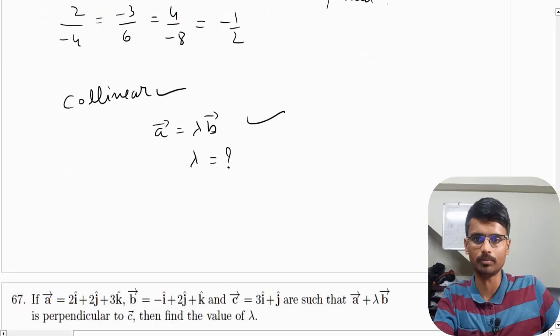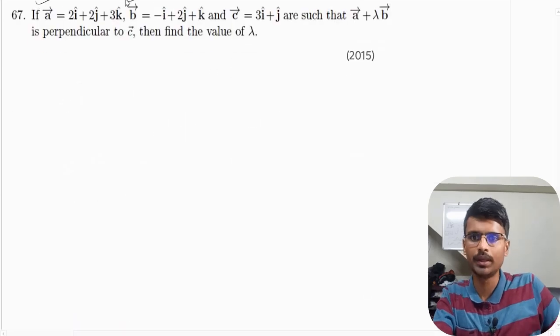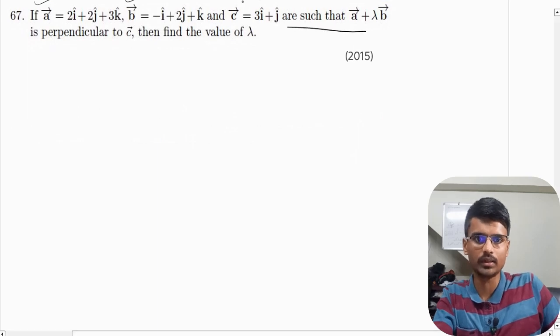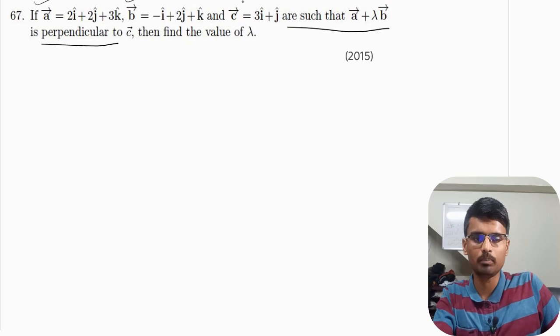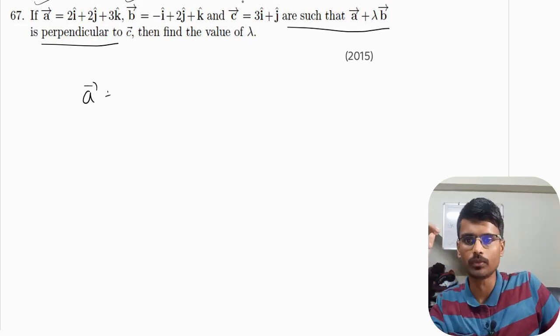Moving on. If A, B, C are such that A plus lambda B is perpendicular to C, then find the value of lambda. If two vectors are perpendicular, we know that their dot product will be 0. So A plus lambda B dot product with C is equal to 0.